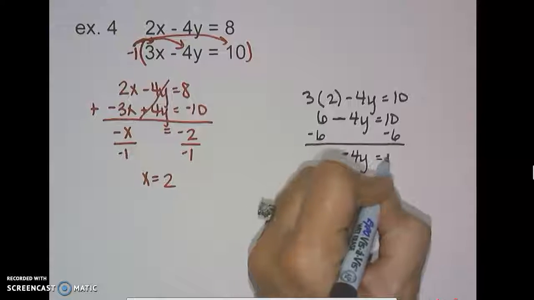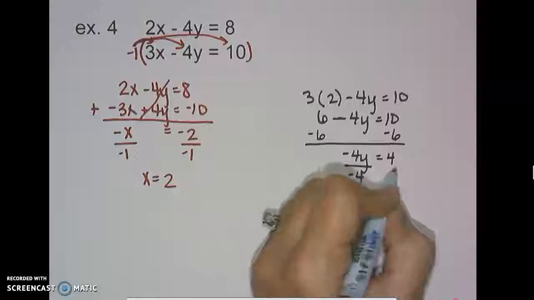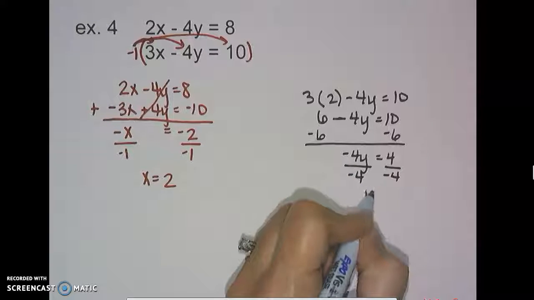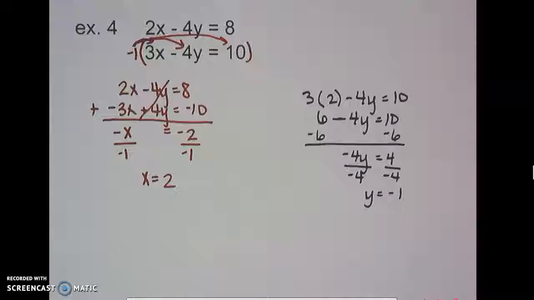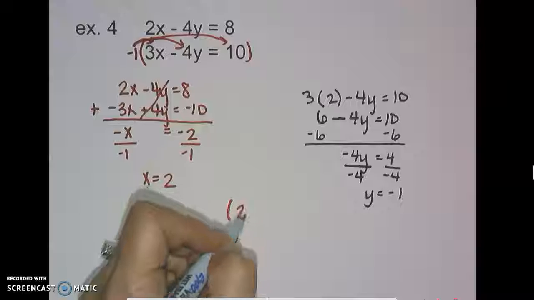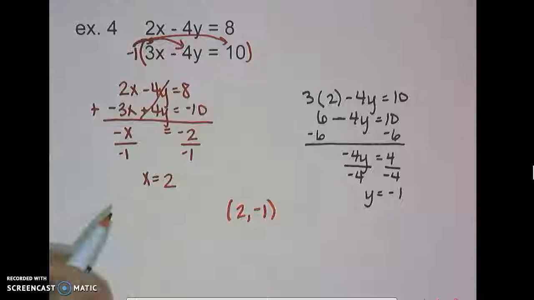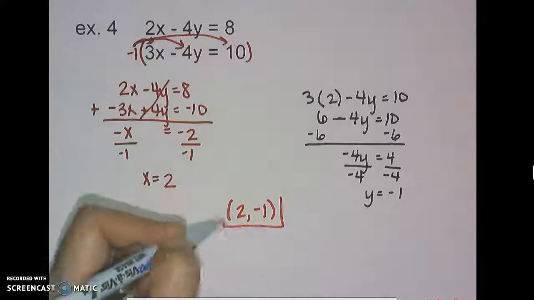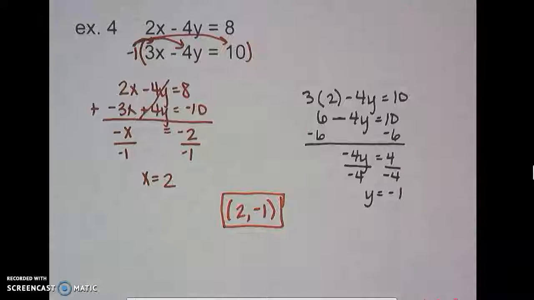Negative 4y equals 4. Dividing both sides by negative 4, we get y equals a negative 1. And the last step to write our answer, 2, negative 1. And then you would make sure to check your answer either algebraically by plugging it in or graphically by plugging it into Desmos. That's it.